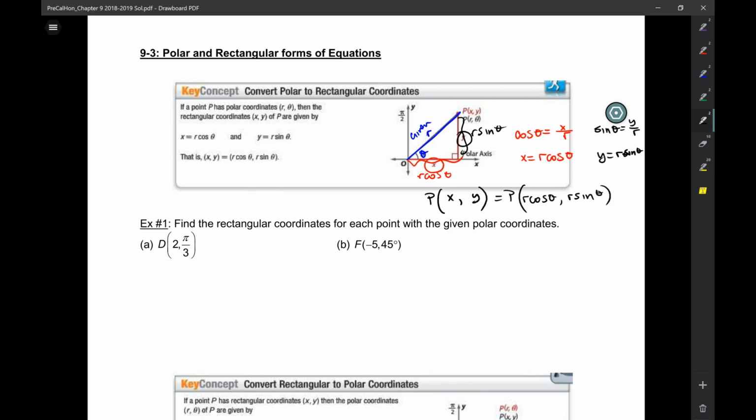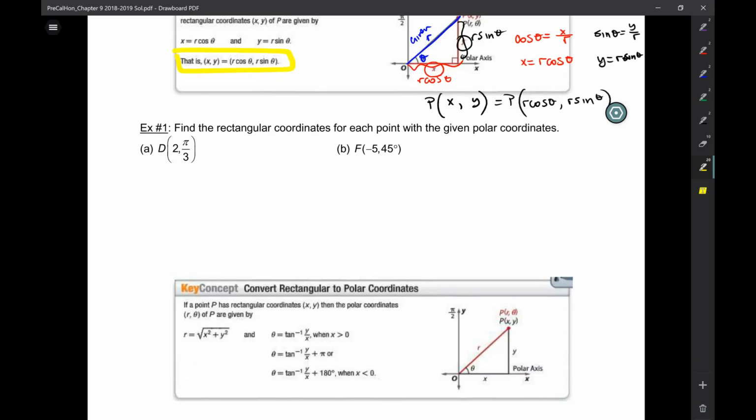So if I'm given polar coordinates and I want to go to rectangular coordinates, that's all it is. If you've got r and theta, how do you get x and y? Right here: r cosine theta, r sine theta. That's it.